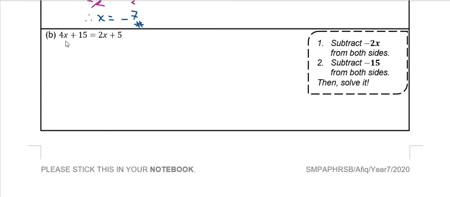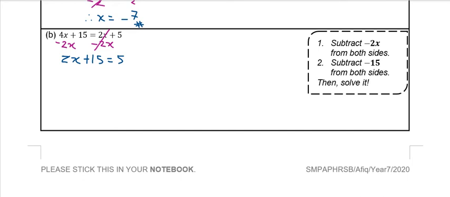So the first step is to subtract x from both sides. When I subtract x from the right side, you will no longer have x. But 4x minus x on the left side, you will have 3x, right? And then plus 15 equals the only number, 5.